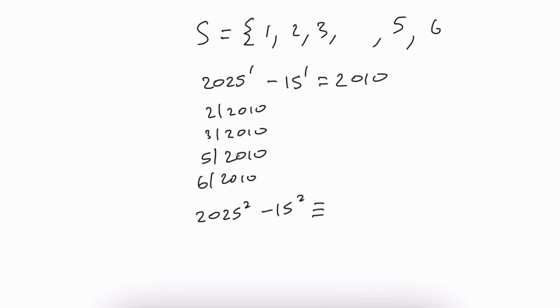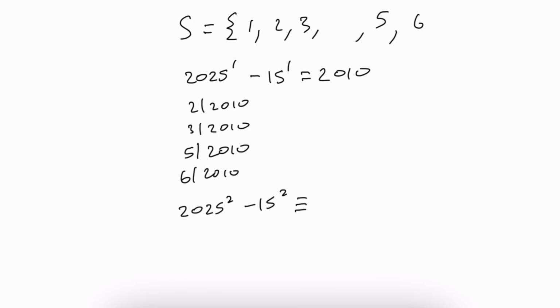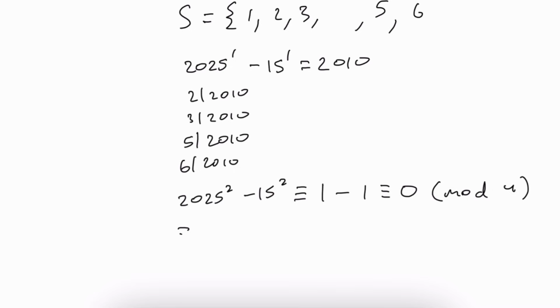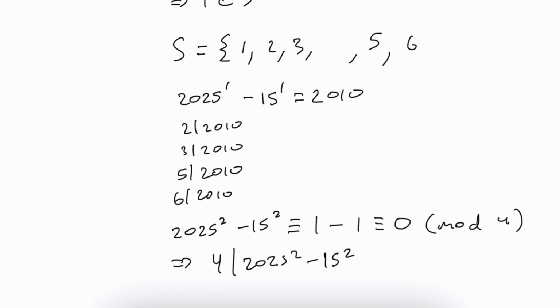And so it's well known that any odd number squared will be congruent to 1 mod 4, because any odd number is either 1 or 3 mod 4, so squared that's 1 or 9, which is both congruent to 1 mod 4. So yeah, this is congruent to 1 minus 1, which is congruent to 0 mod 4. So we indeed have that 4 divides 2025 squared minus 15 squared. So we have that 4 is in S.